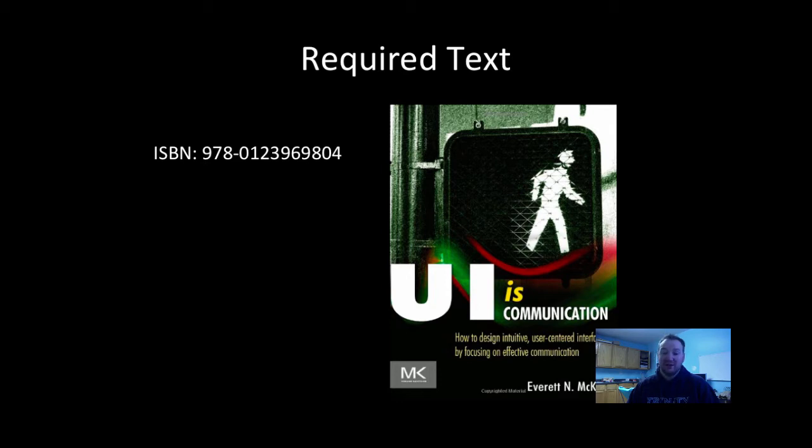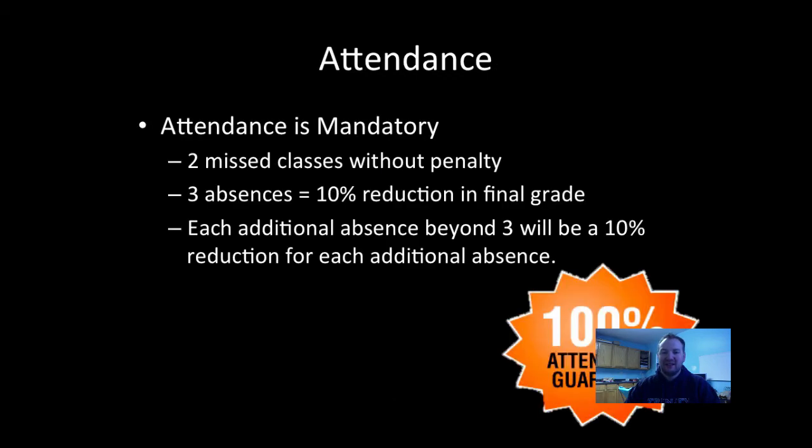If you decide you want to share textbooks with people, that is totally on you. But I find this actually really handy even when we have meetings in IT, and it's only semi-related to user interface. So it will be a good guide for you later on. But please do purchase that text early if you haven't done so already.